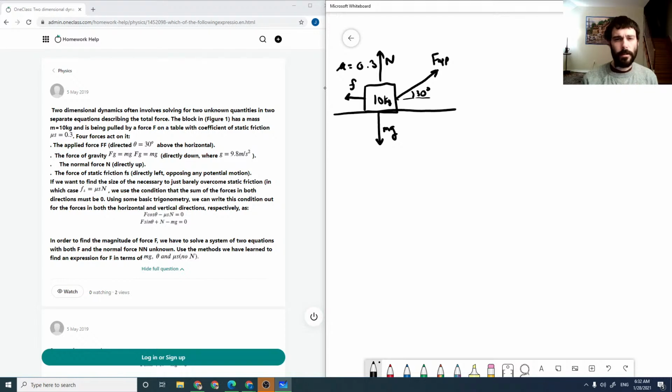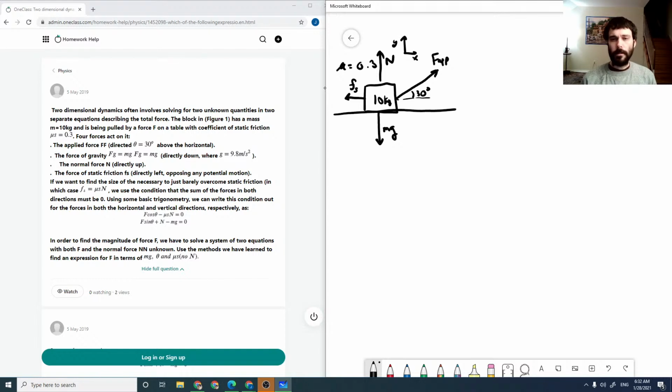And this is our static friction. So the box isn't moving. And we want to find the force necessary to just overcome our static friction. So we need to look in all directions, or right now we've just got x, y.